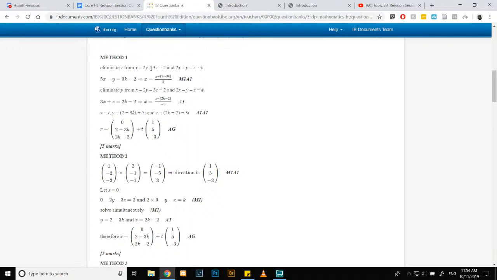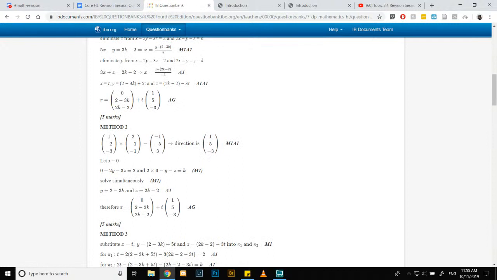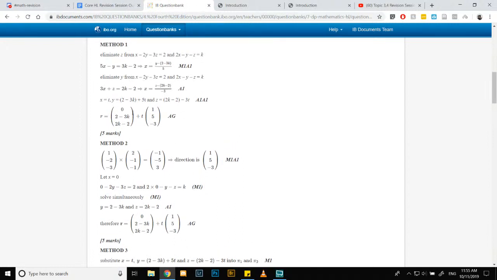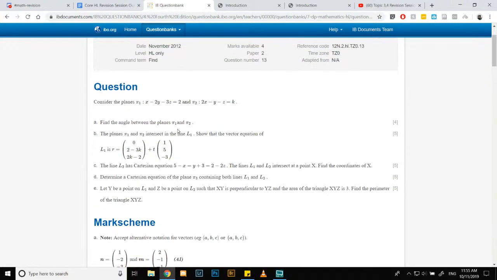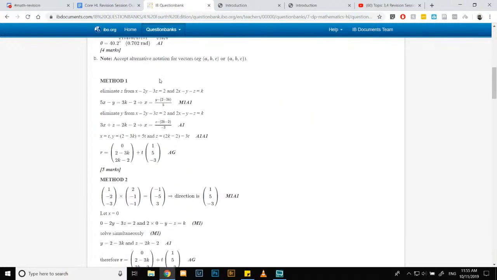They combine these, find 5x minus y, so 3k minus 2, and then find some way of understanding x in terms of k. This is mainly the algebraic analytic method. Yeah, so they're showing the equation and doing some algebra.